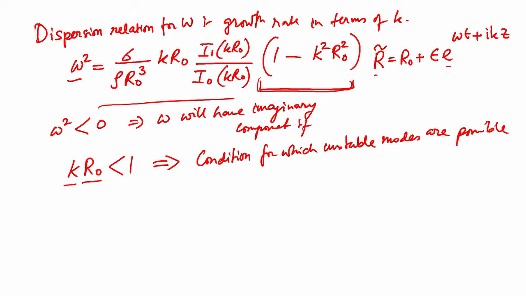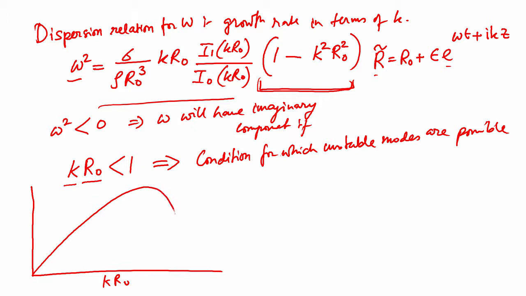Of course, we can then plot this thing, and if we plot this dispersion relation as k r 0, we will find that only less than 1 conditions are important.